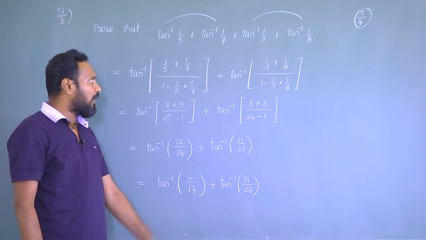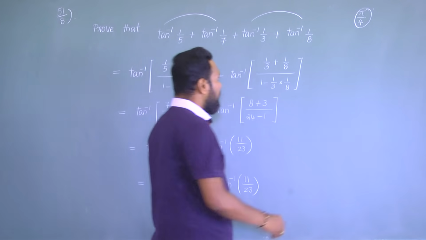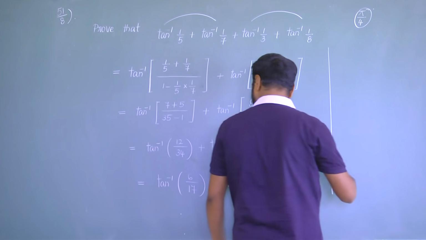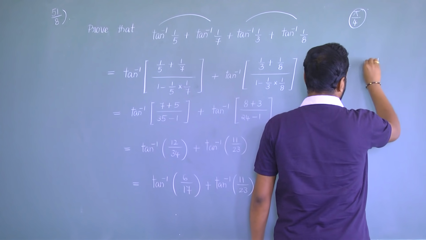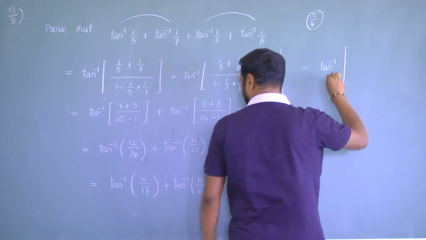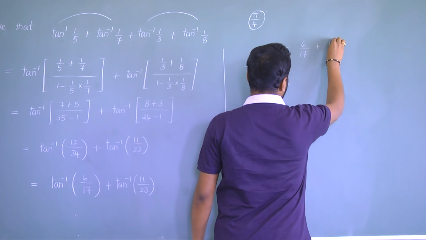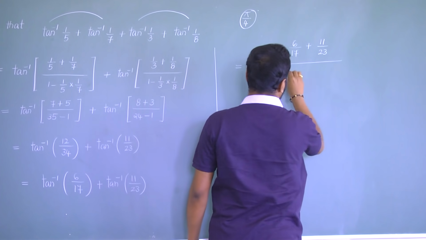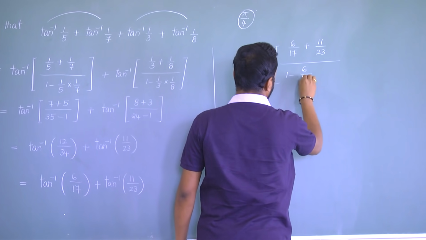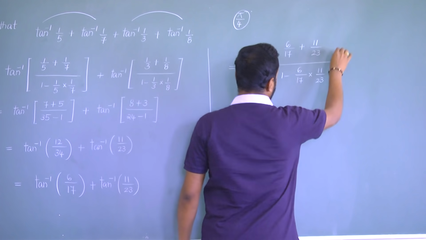Again for these two functions if you apply one more time the tan inverse x plus tan inverse y formula, then you will get tan inverse of 6 by 17 plus 11 by 23 divided by 1 minus 6 by 17 into 11 by 23.